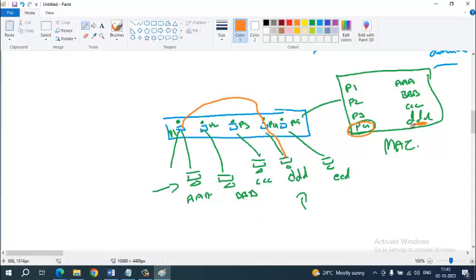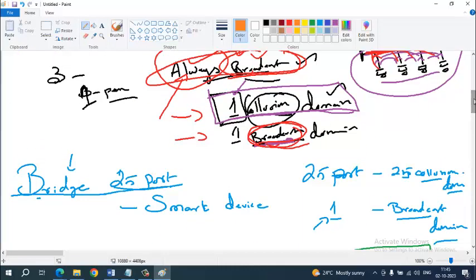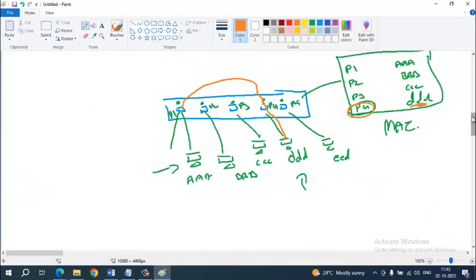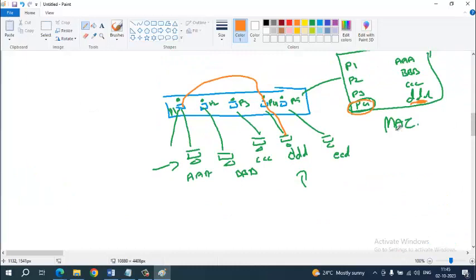In the hub, there was no learning, no chip for learning MAC addresses. As a result, there was always broadcast and collision. Here, because they know where is who, they take a dedicated path. To support this dedicated path, the physical architecture is also there.